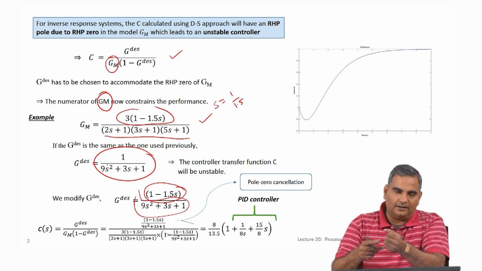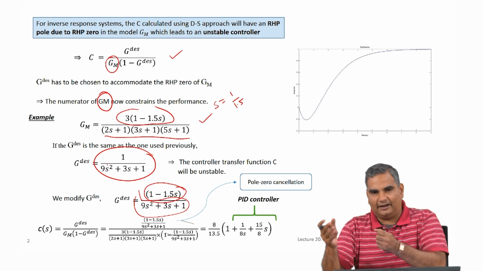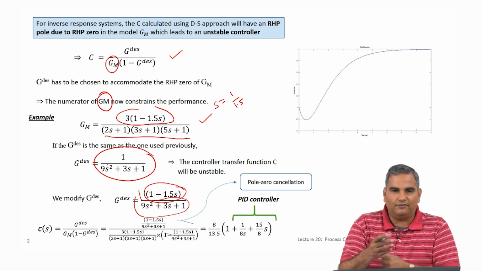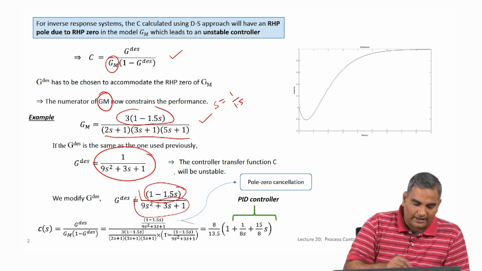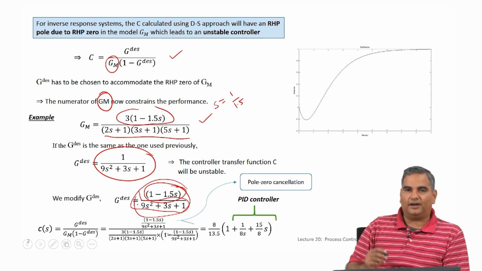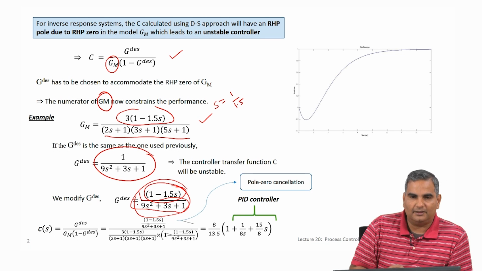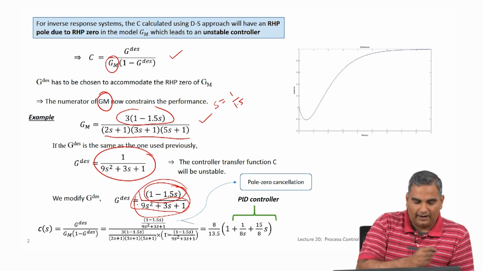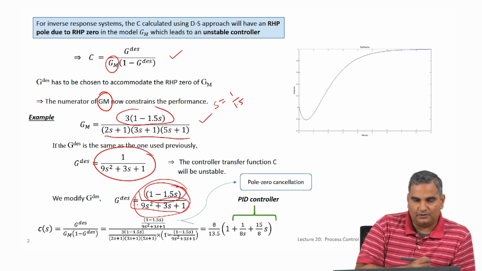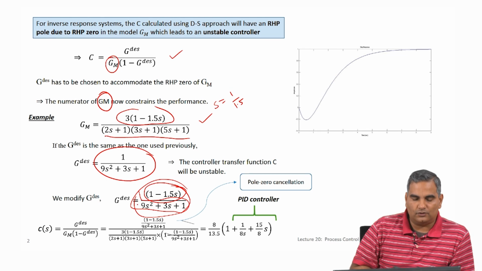The system will turn left for a bit and then start turning right. So, that means in the performance you couldn't stop the bike from turning left a little bit, and that we actually deliberately introduce in this G desired and then say okay, this is fine, because this is something that I am going to give up. And I am going to show you what happens when I give this up in terms of performance drop. I will now get a controller which is stable.